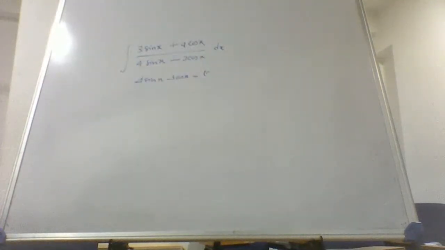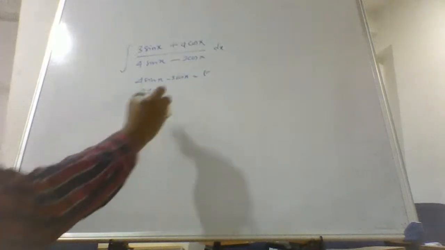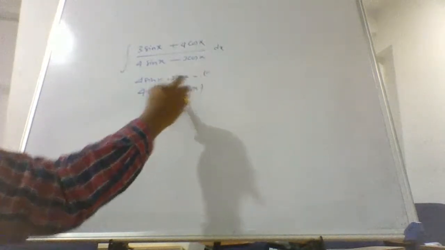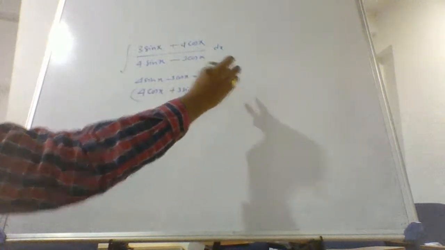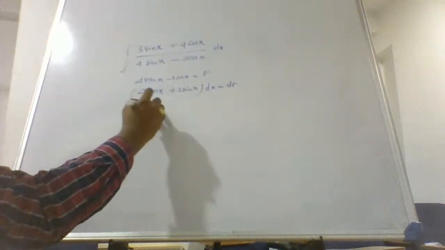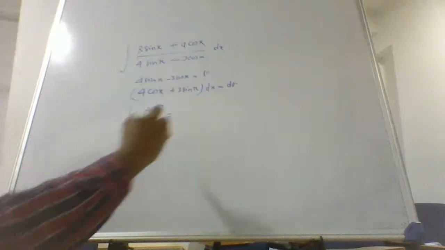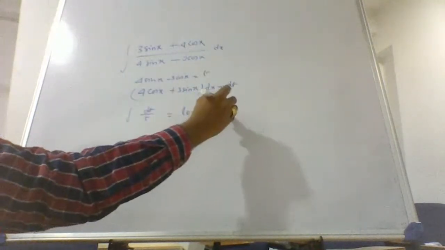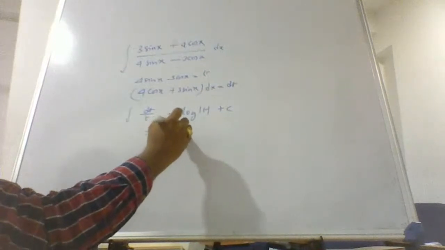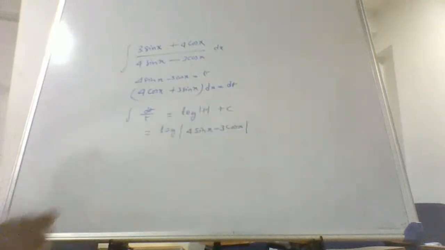If I consider this, the differentiation of this is 4 cos x plus 3 sine x, dx equal to dt. Now this will be integral dt by t, which is equal to log of t plus c, which is log of (4 sine x - 3 cos x) plus c.